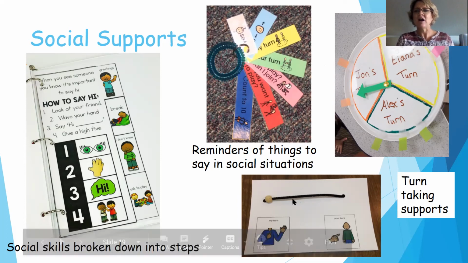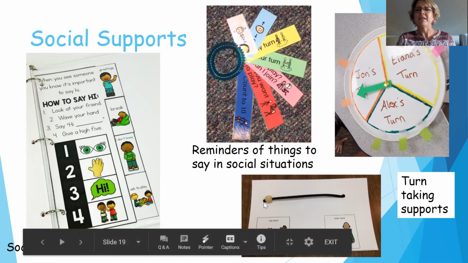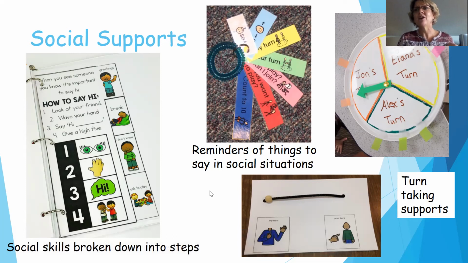There's a bead here on a pipe cleaner, and the bead shifts from here when it's my turn and over here when it's your turn. So these are very simple things that we can help you make, or you can make yourself at home. Nothing fancy.